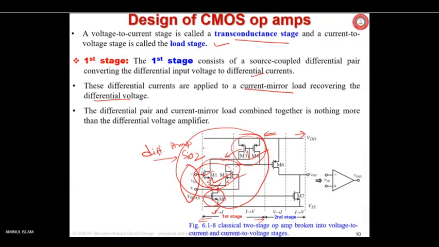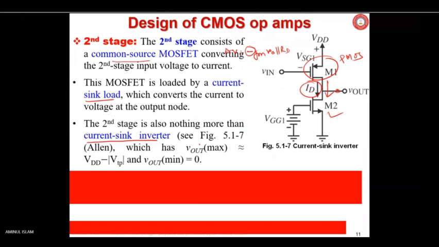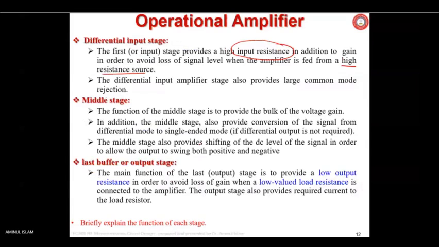You're talking about SiO2, right? Yes, sir. Very good. You are remembering. The differential input amplifier stage also provides large common mode rejection, that is CMRR. It provides good CMRR, a high value of CMRR.